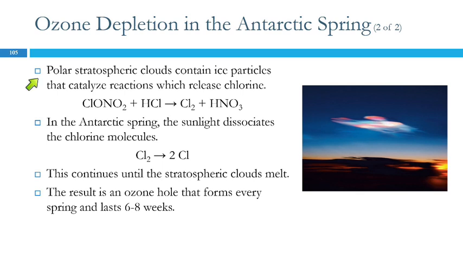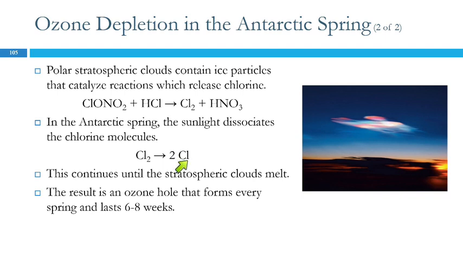So there are clouds that have ice particles in them. The ice particles catalyze reactions that release the chlorine. So here's that thing where chlorine was bound up, and it can get released as molecular chlorine. In the Antarctic spring, there's more sunshine, and the sunlight dissociates those chlorine molecules into chlorine atoms.